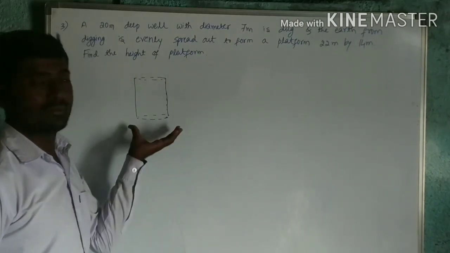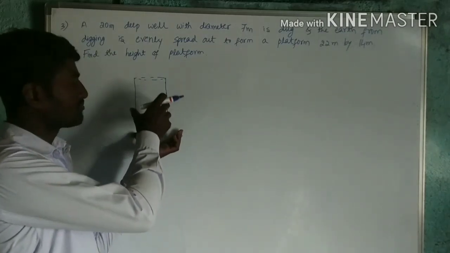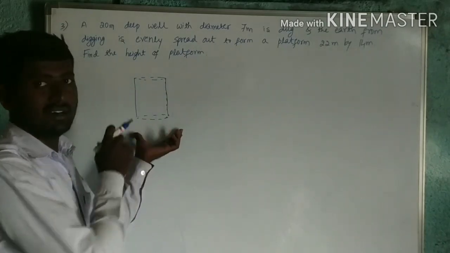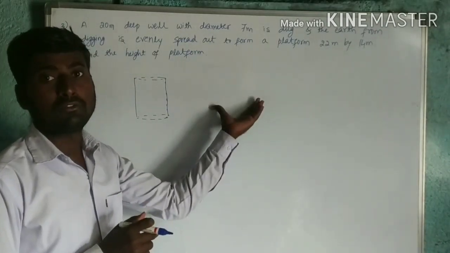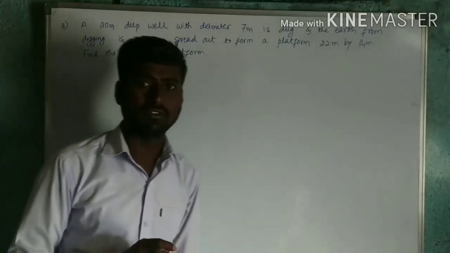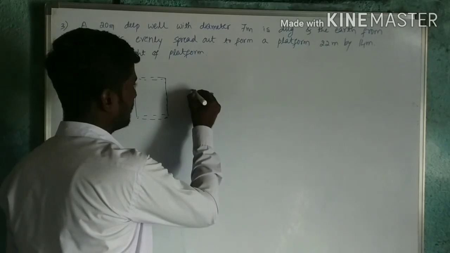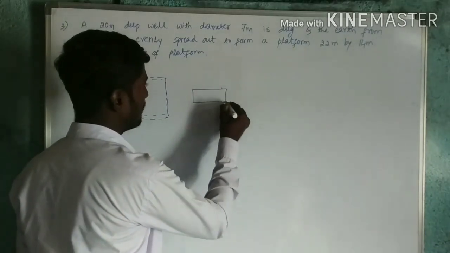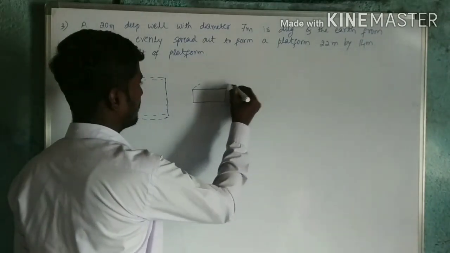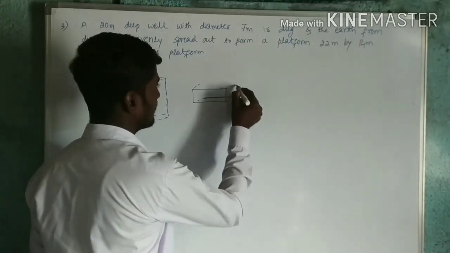We are digging the well, and from the soil of this well we are going to form a platform. That platform is in the shape of a cuboid. So let us form that platform here. It will be in this shape. So it is in the shape of a cuboid.